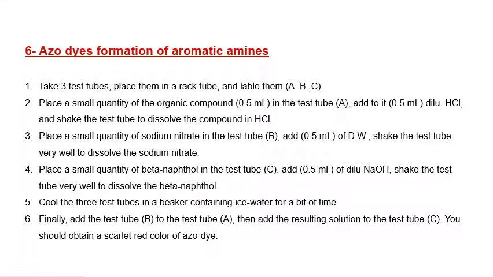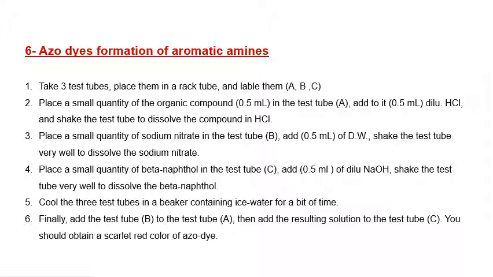The sixth one is the azo dye formation of the aromatic amines. We take 3 test tubes, place them in a rack, and label them A, B, C. We place a small quantity of the organic compound, 0.5 ml, in test tube A, add 0.5 ml of dilute HCl, and shake the test tube to dissolve the compound in hydrochloric acid.